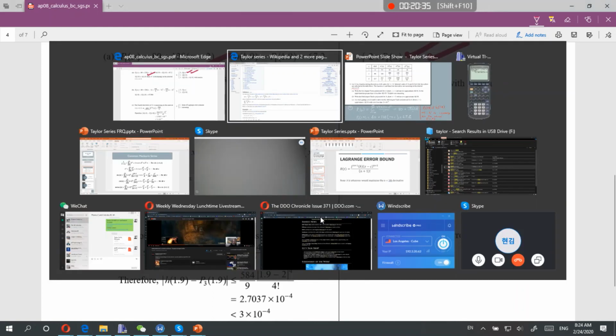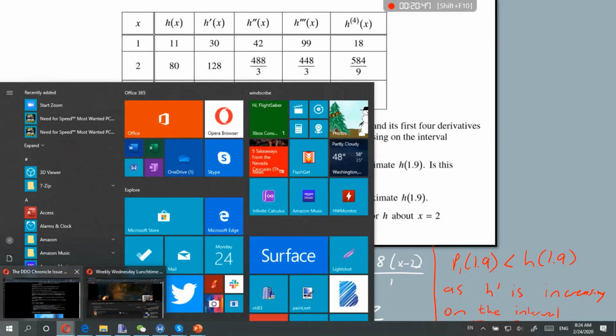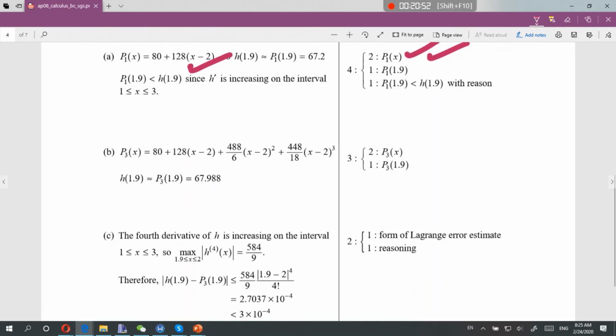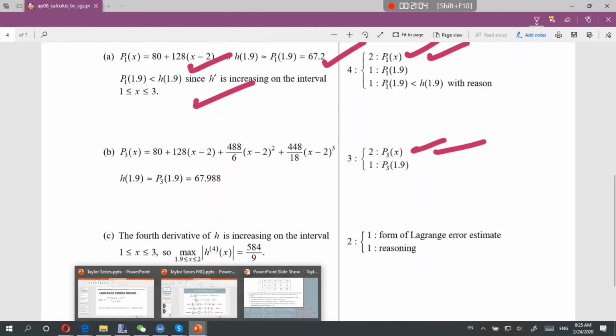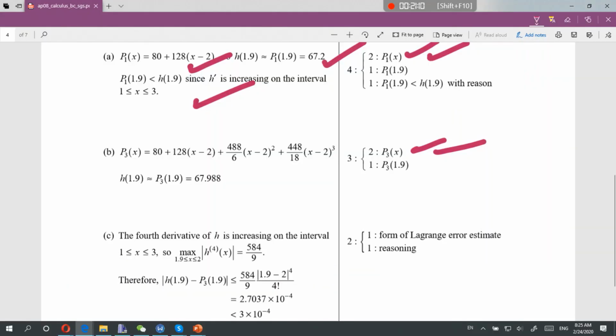Did we find 67.2? Yes, we've got 67.2, and it is increasing. Okay, that's good. 80, 128, 48 over 6. That's good, 2. And 67.988, that was one we weren't sure on. Yes, you got that.